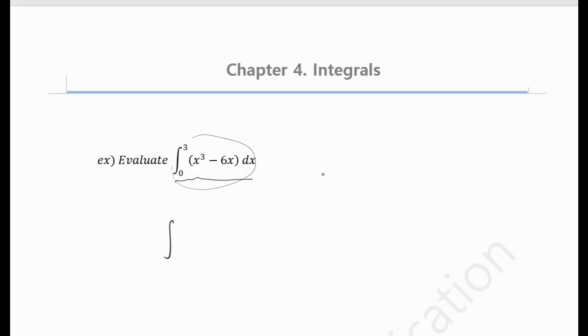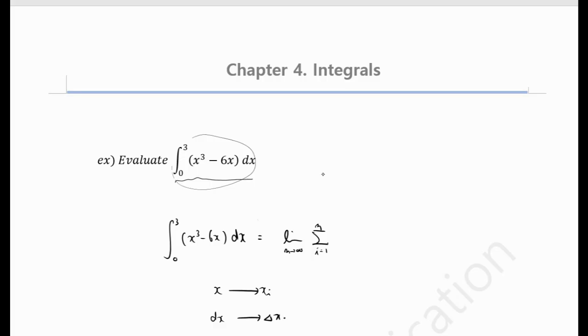So the definite integral from 0 to 3 of x cubed minus 6x dx can be changed into a Riemann sum: the limit as n approaches infinity of the sum from i equals 1 to n. So x is changed to xi, and dx is changed to delta x.